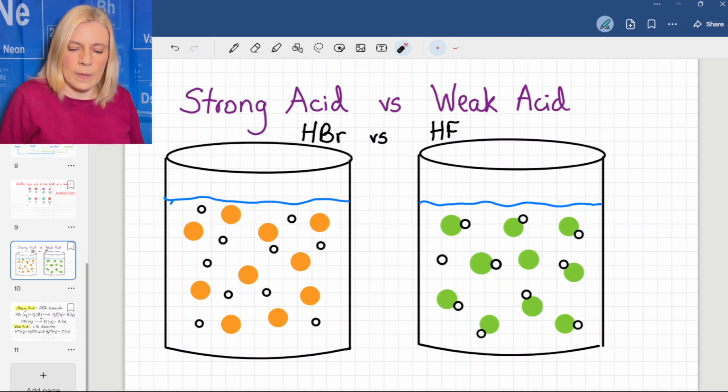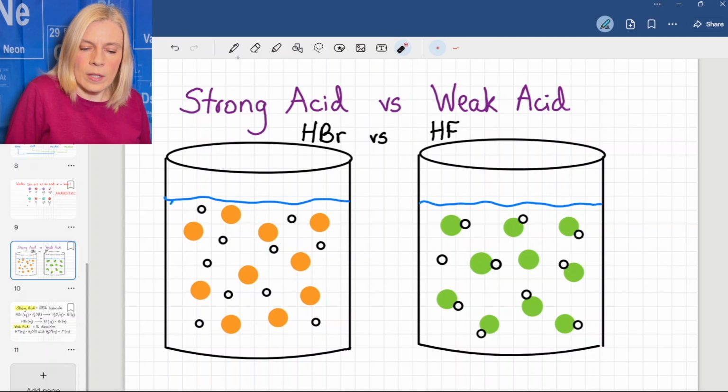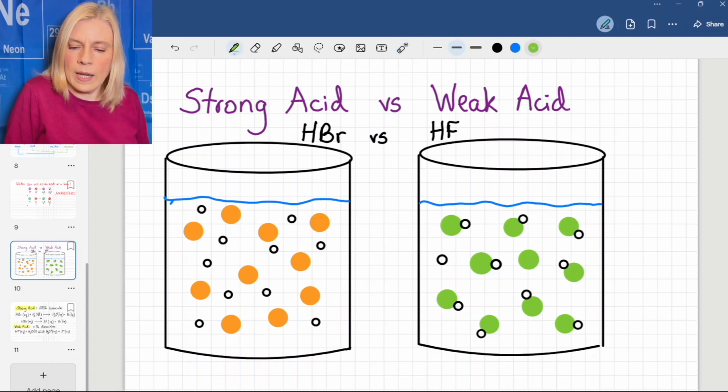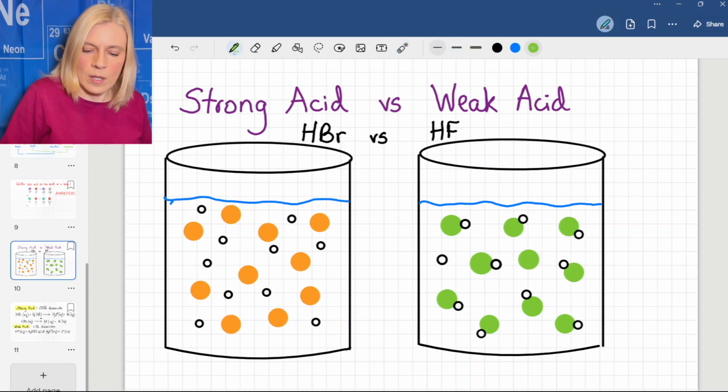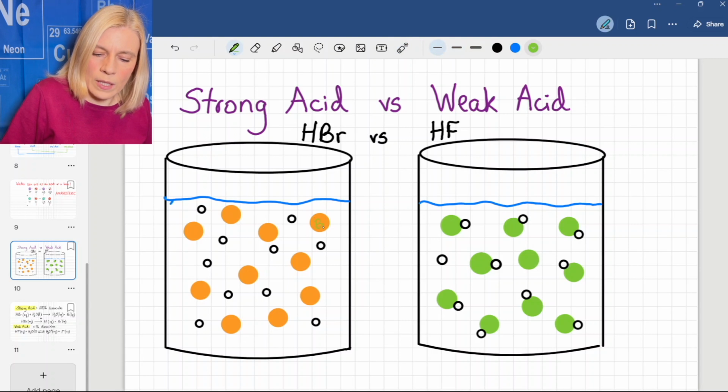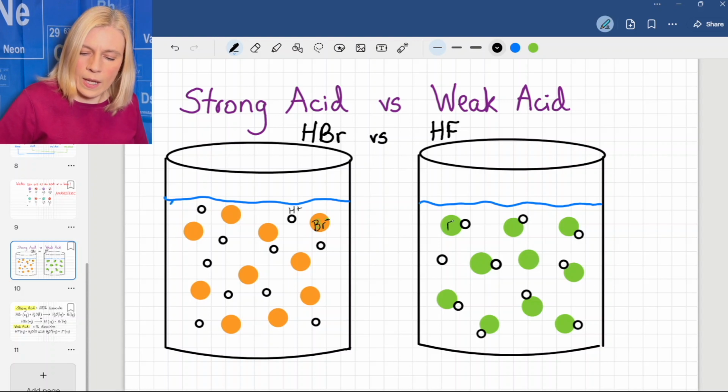The orange spheres are Br minus, and the little spheres are H+. And this is F, and this is my H, hydrogens.